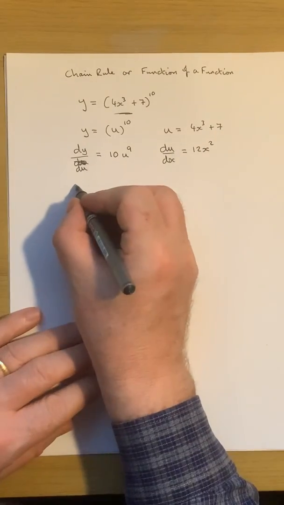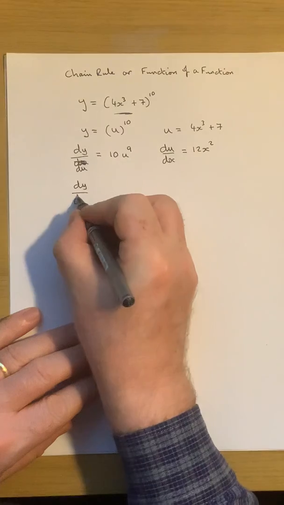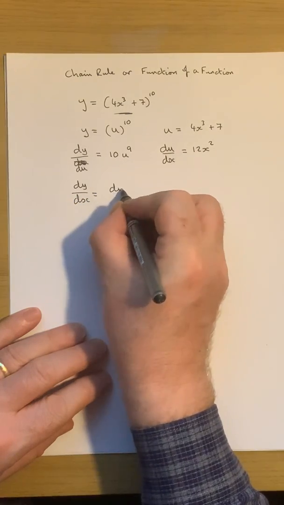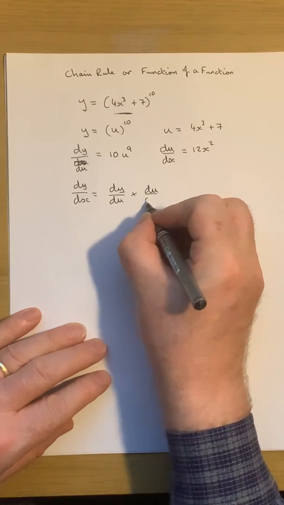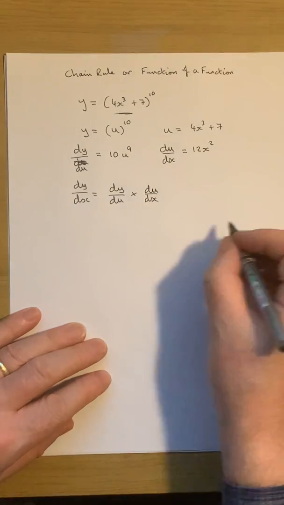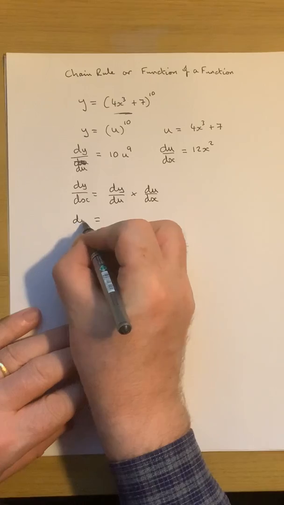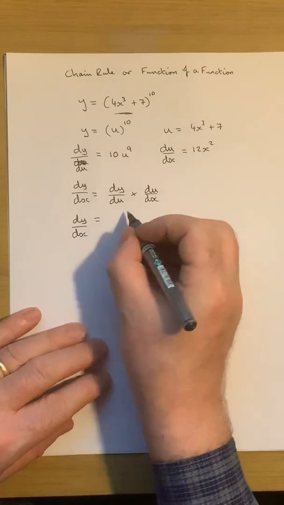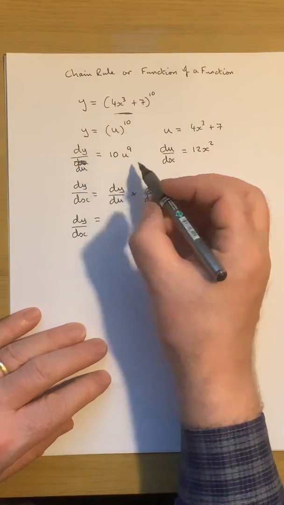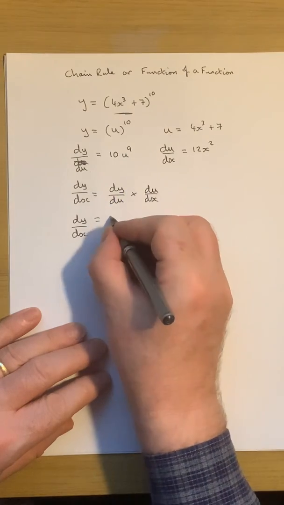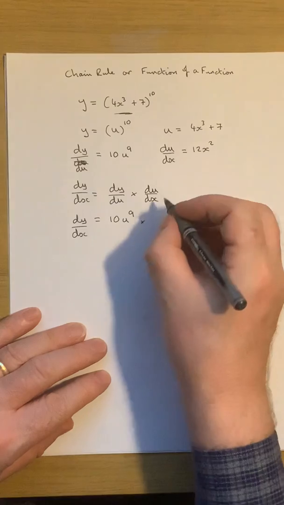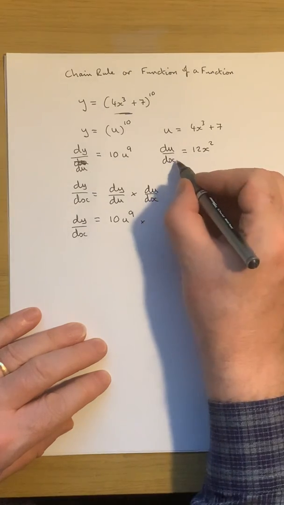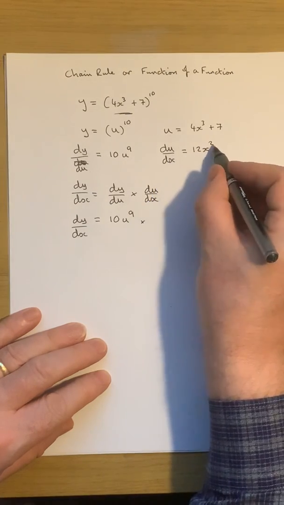So the rule is that dy by dx equals dy by du times du by dx. So dy by du was equal to 10u to the power of 9, times du by dx, which is 12x squared.